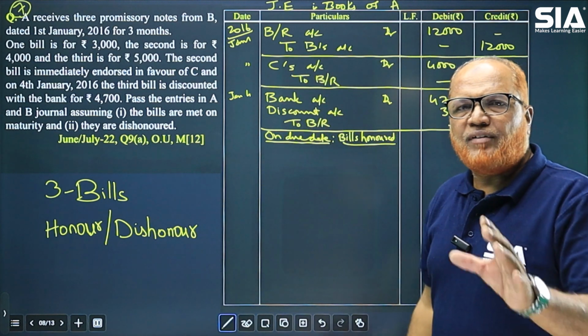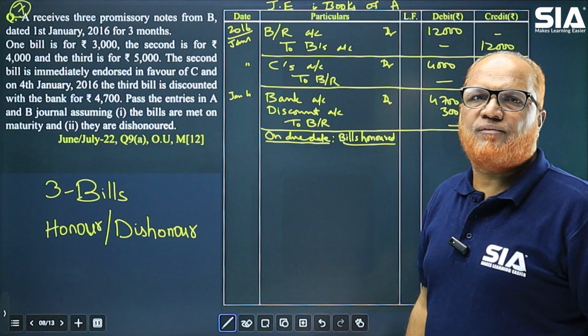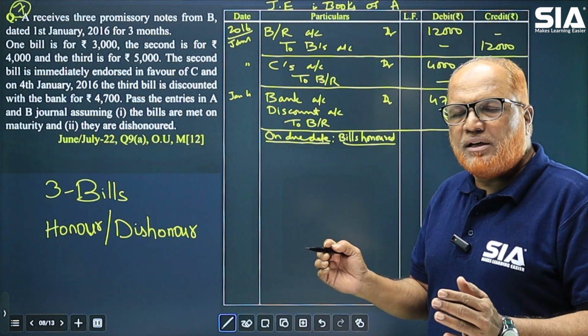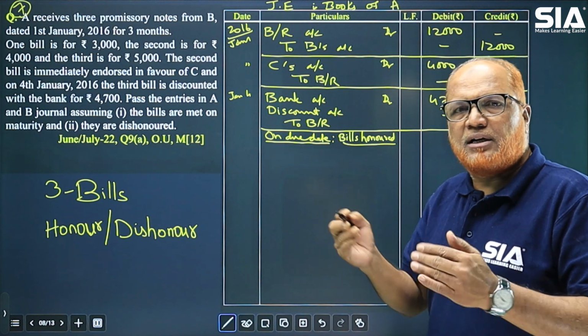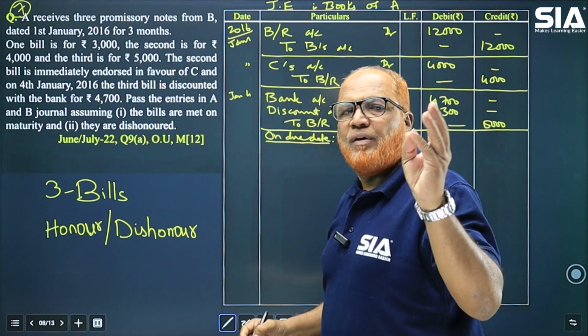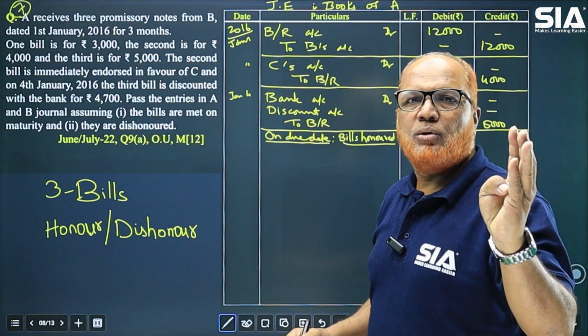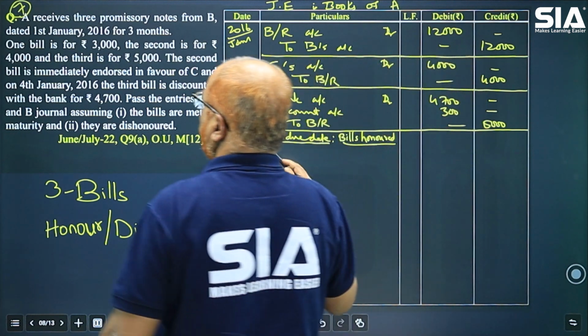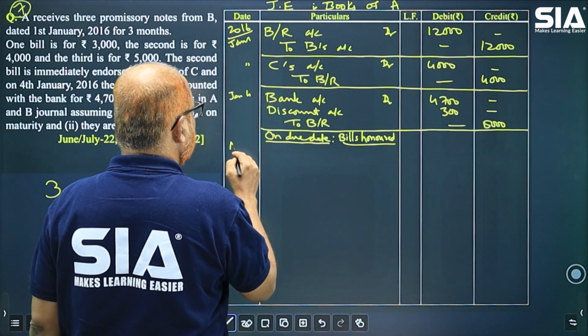First bill. The first bill he has kept with himself. On the due date, it is honored. What is the duration? 3 months. 1st January, February, March, April. So 4th April. It is on April 4th.